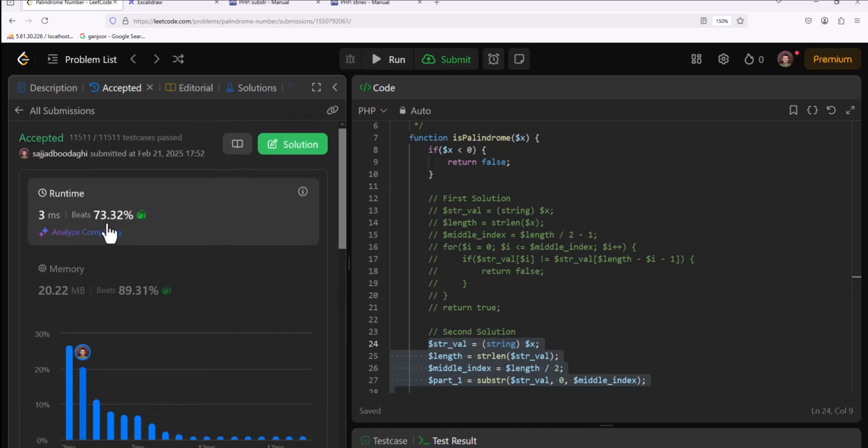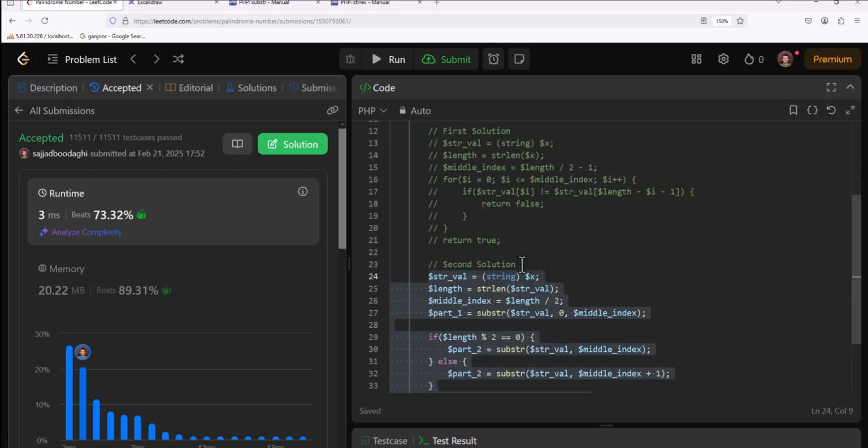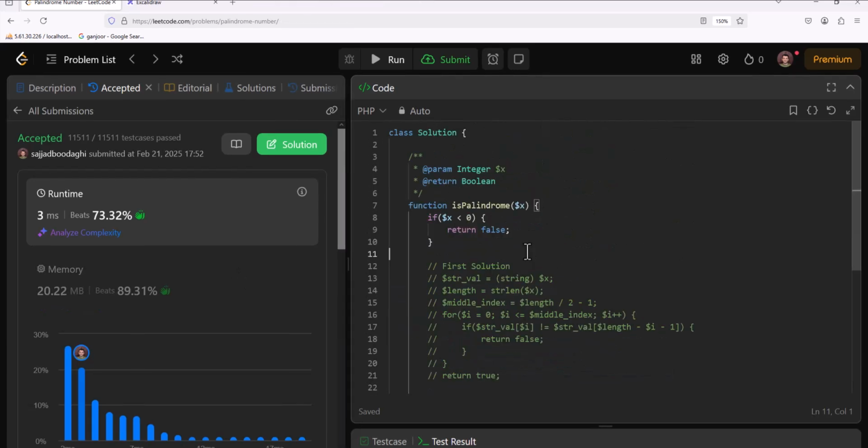It became better. Runtime is, this solution is better, but I'm not sure what's going on here, but the second solution seems that it's better.